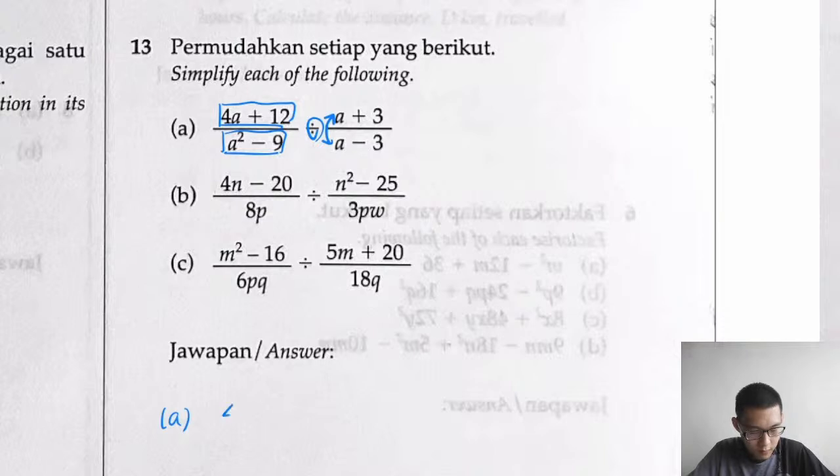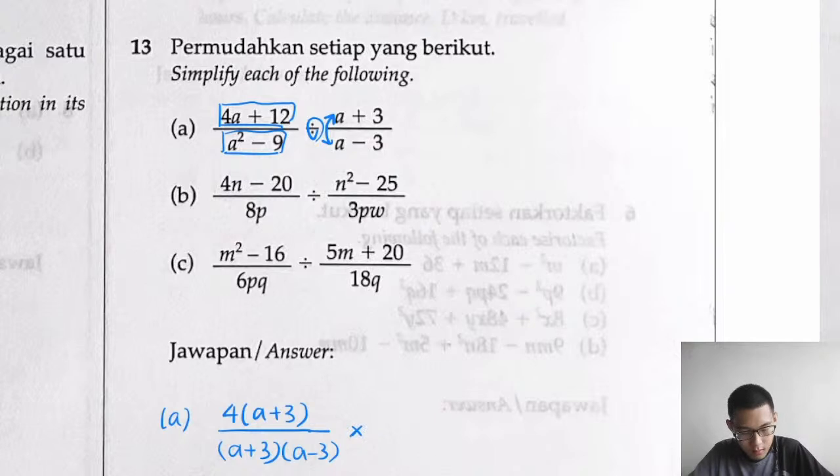We have 4a plus 3, and then a squared, a plus 3, a minus 3, and then times a minus 3, a plus 3. So now here minus 3 becomes 1, plus 3 becomes 1. So now we just have 4 over a plus 3. Done.